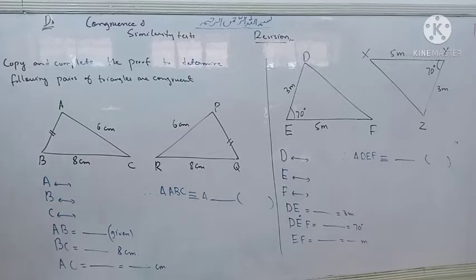First of all, I am going to revise the definition of the first test, SSS, congruence test, side, side, side. What is the meaning of this test? If the 3 sides of a triangle are equal to the corresponding 3 sides of another triangle, then those 2 triangles are congruent triangles.